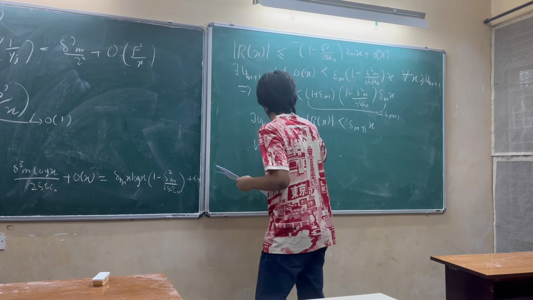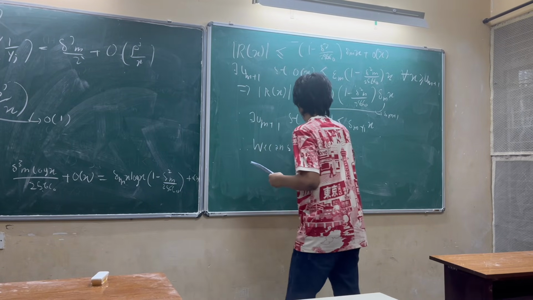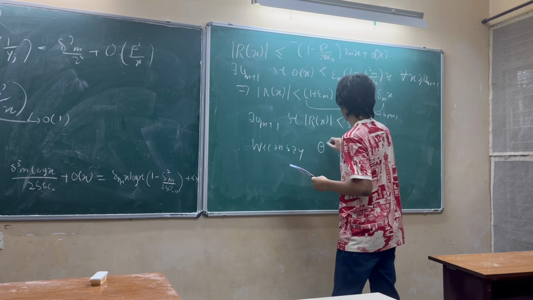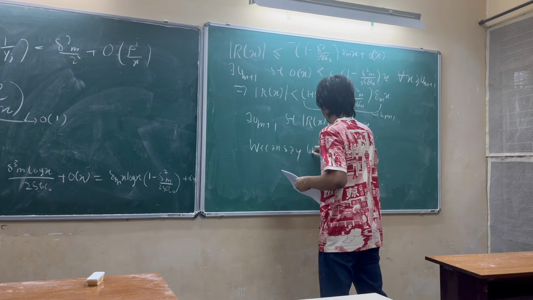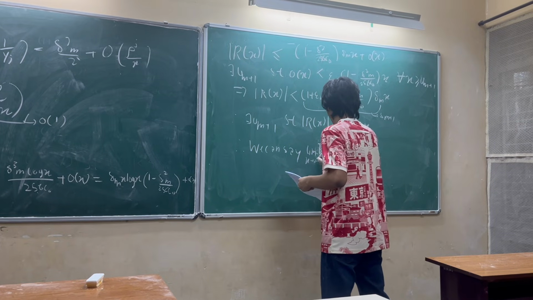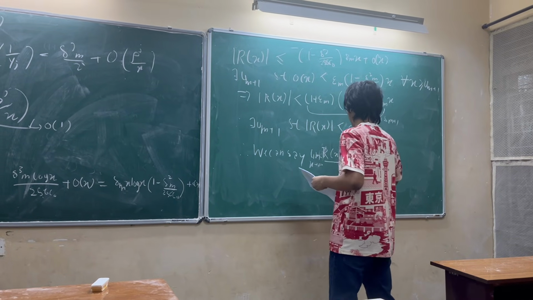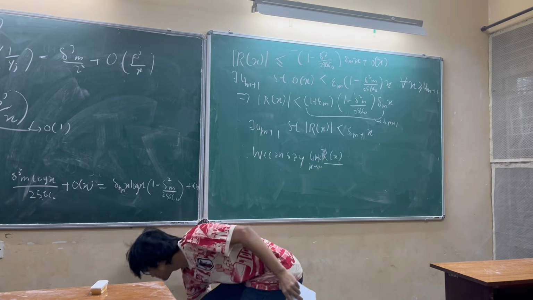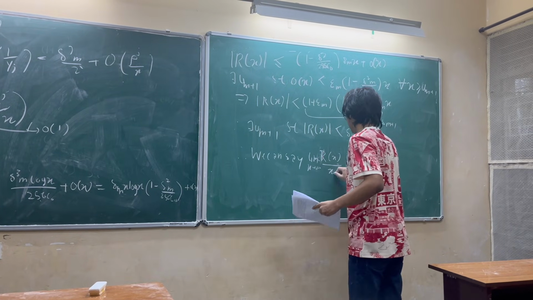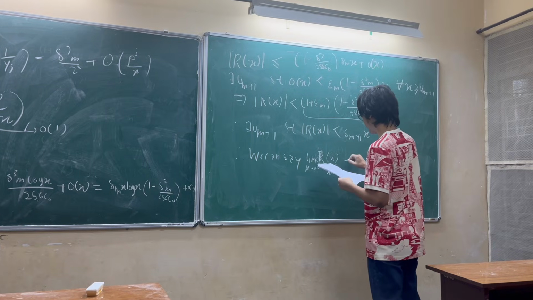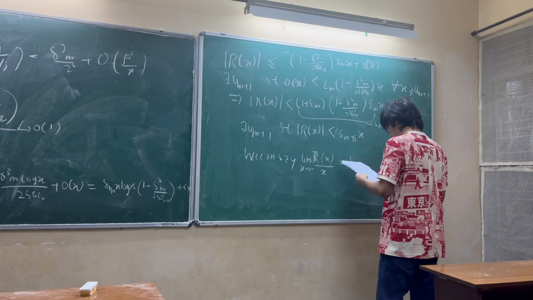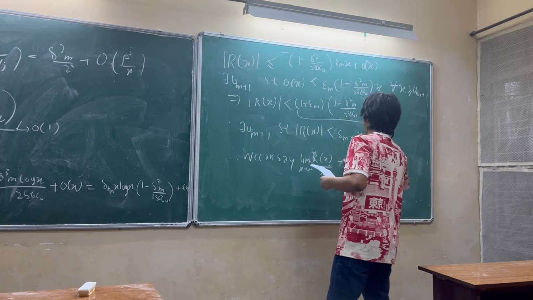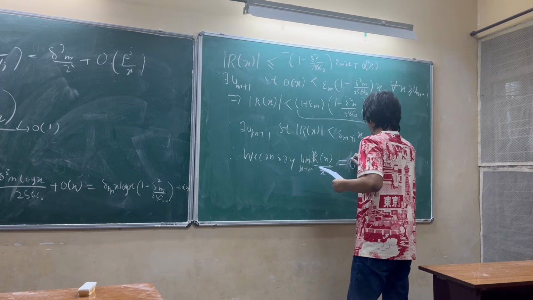Therefore we can say that the limit as x tends to infinity of r of x by x is equal to 0.